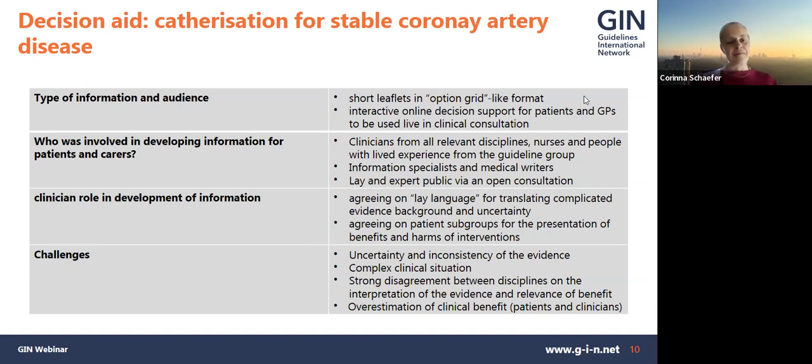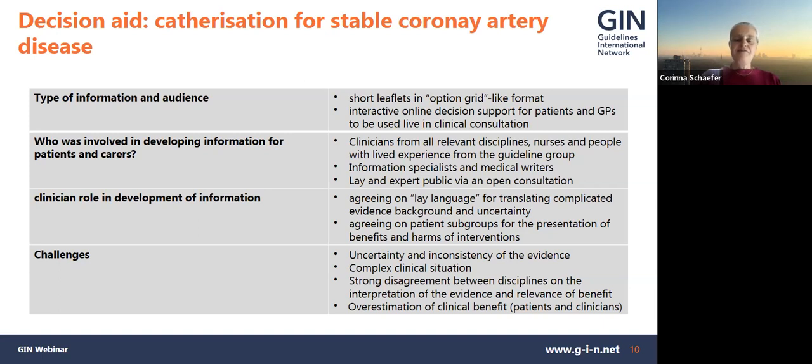You cannot say it like that. With all their expertise and background, they sometimes feel not at ease with simplifying too much. That's the one thing. On the other hand, we've also learned that once you use this simple language, a lot of clinicians and experts understand better than with all this jargon what the real effects of an intervention are.